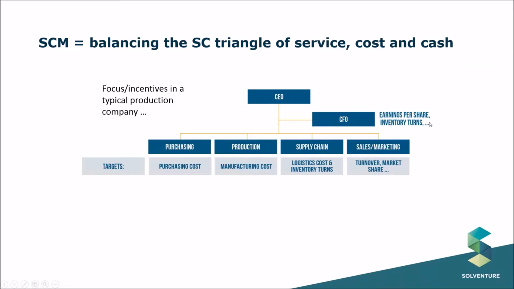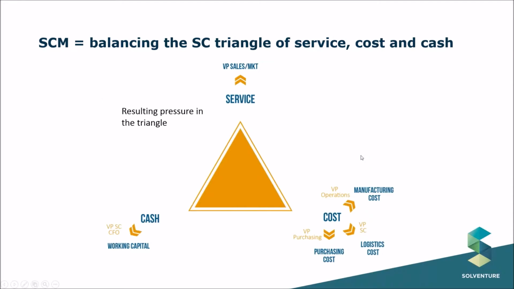If we apply this type of traditional organization chart to the supply chain triangle, this is what we get. We see that in a lot of companies, the salespeople are primarily pulling the top side of the triangle, that operations is primarily pulling the cost side of the triangle, and that finance is pulling the cash side of the triangle.